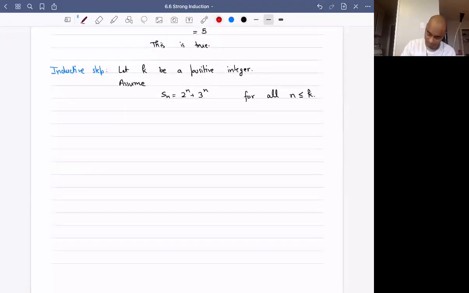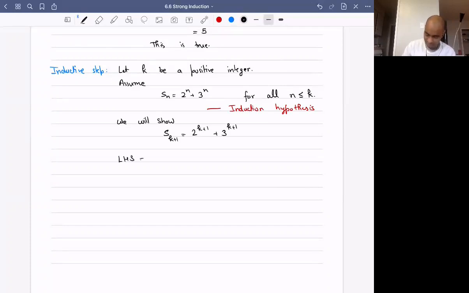Let me give it a name so that I can use it later. Then we will show that S(k plus 1) is 2 to the k plus 1 plus 3 to the k plus 1. All right, and now it's just algebra.